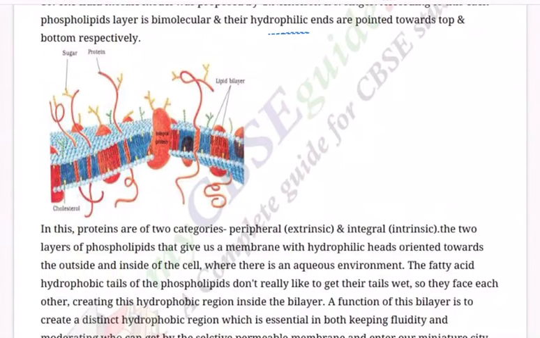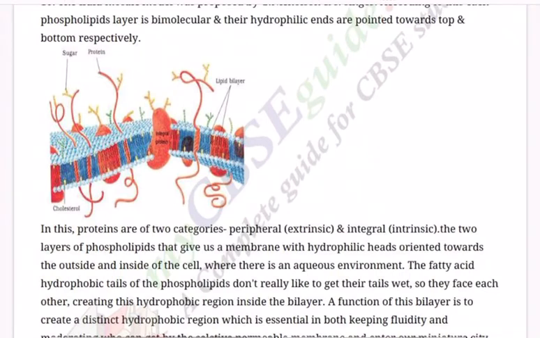In this, proteins are of two categories. One is the peripheral proteins, extrinsic as you are seeing here, and integral or intrinsic proteins. These intrinsic proteins are here. Okay, the two layers of phospholipids give us a membrane with hydrophilic heads oriented towards the outside and inside of the cell, where there is an aqueous environment.